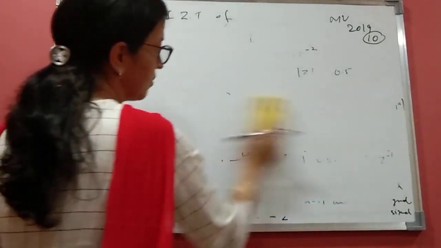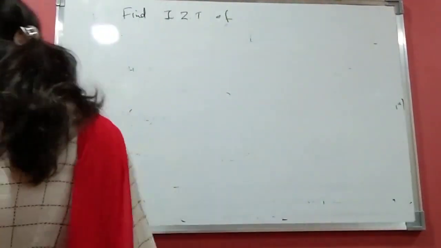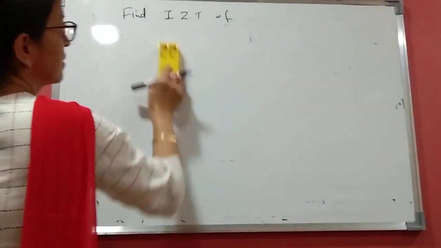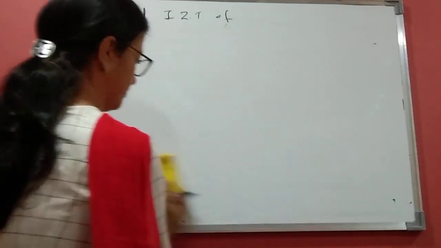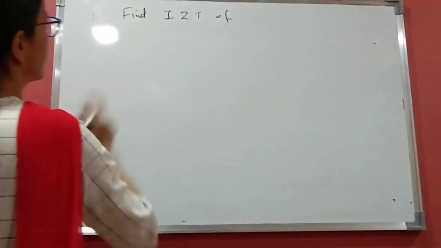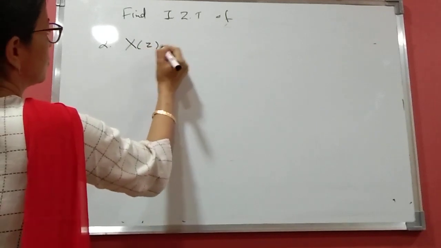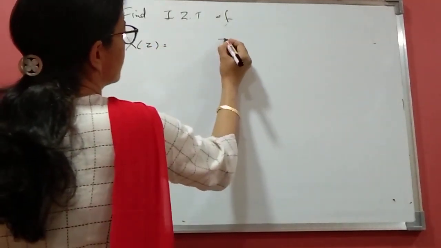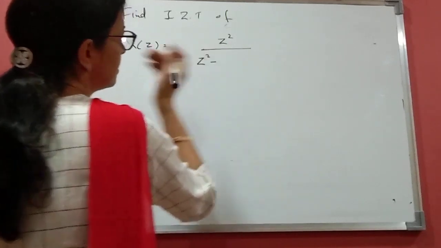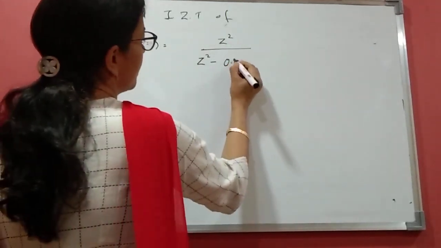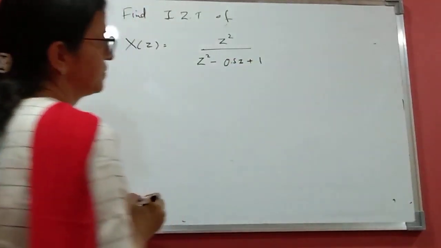That is the second problem. So the second problem is x of z equals z square upon z square minus 0.5 z plus 1.